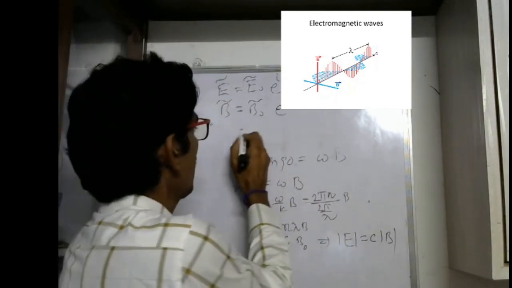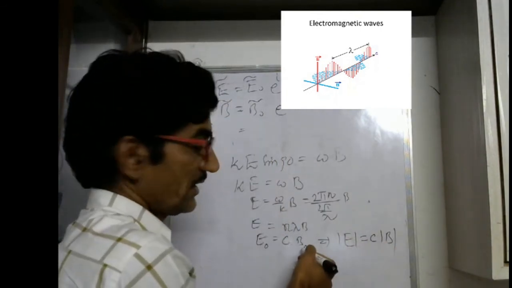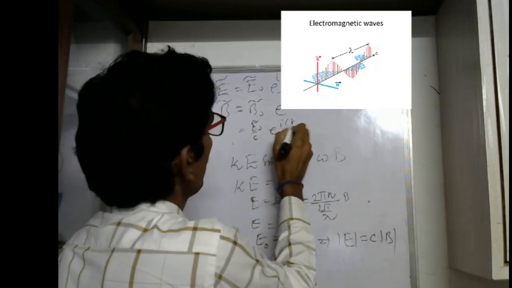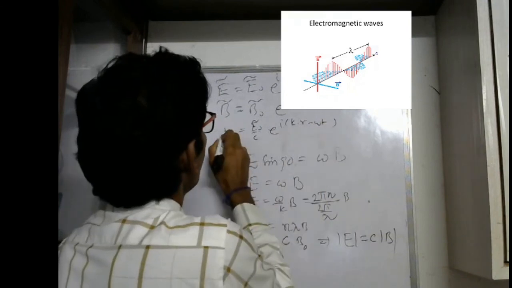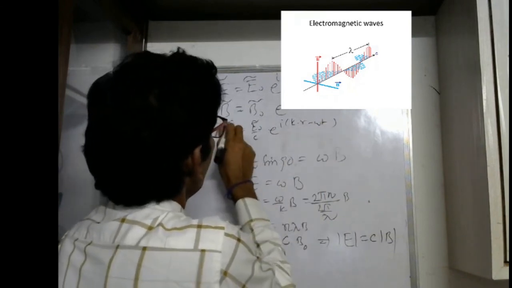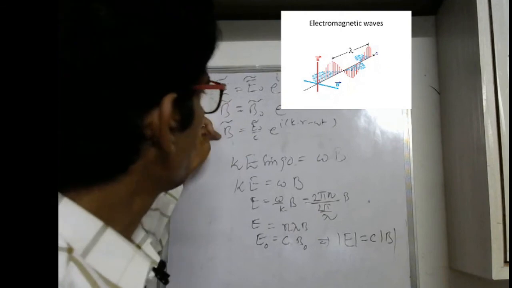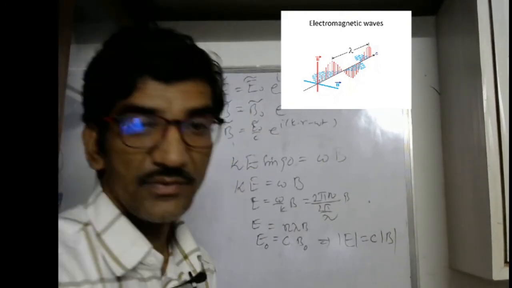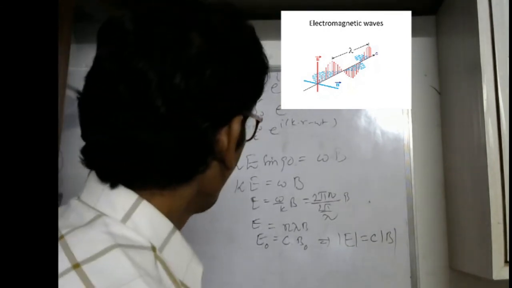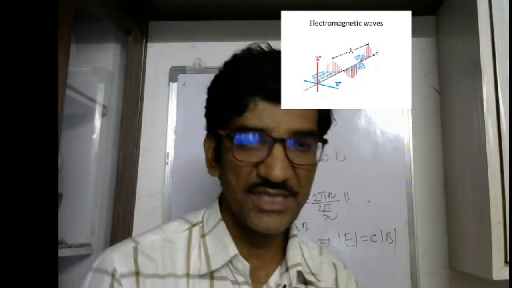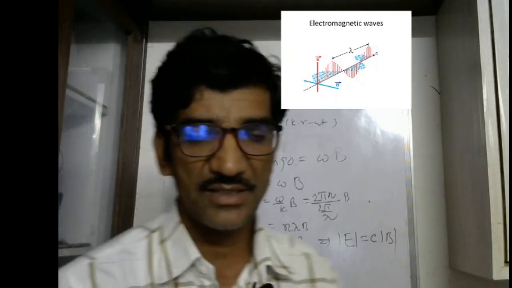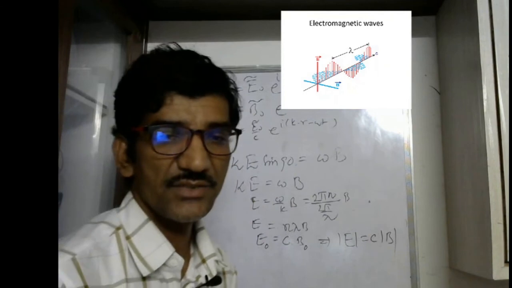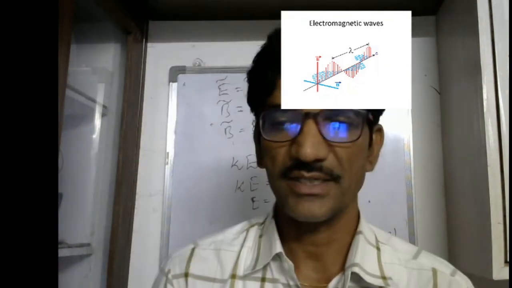Now you may write B naught tilde is equal to E naught tilde by C, e to the power I (k dot r minus omega t). This is E, this is B. See, both are expressed in the amplitude of the electric field. You see this, right? This is about the transverse nature of electromagnetic waves, or the properties of electromagnetic waves. Okay, thank you. Let us stop with this.